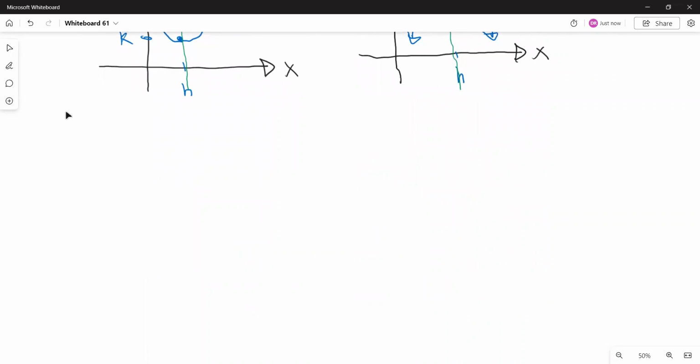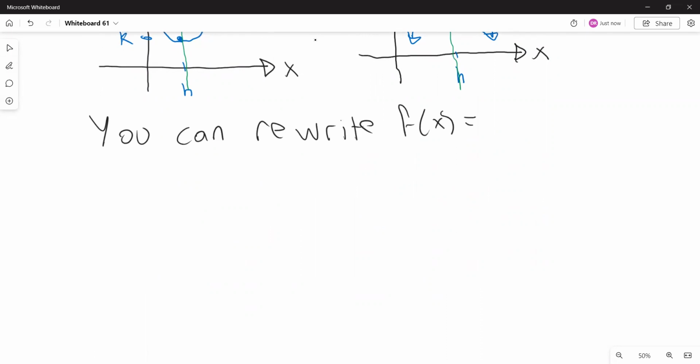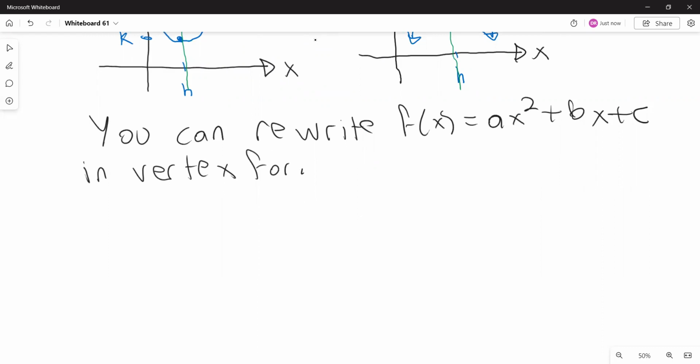Okay, so you can always rewrite the quadratic function ax squared plus bx plus c in vertex form, with the same leading coefficient, but you have it in terms of the vertex.